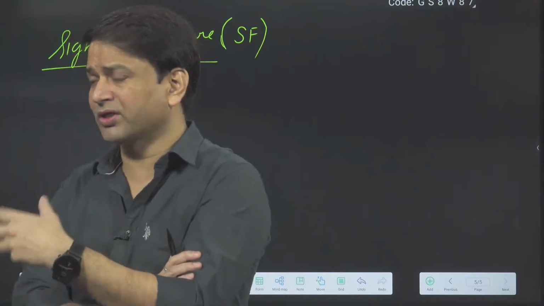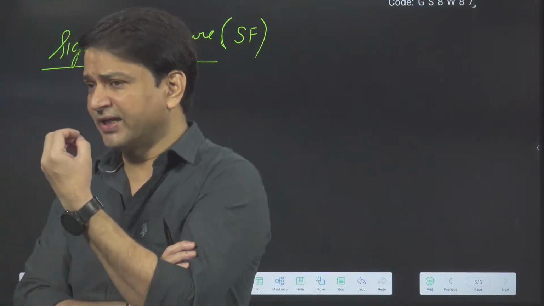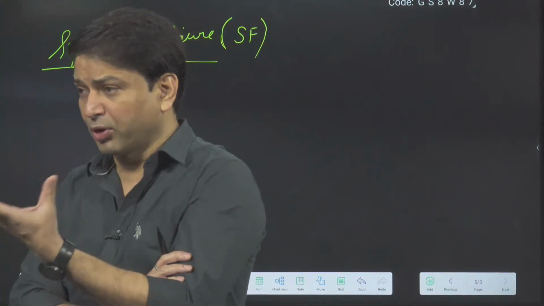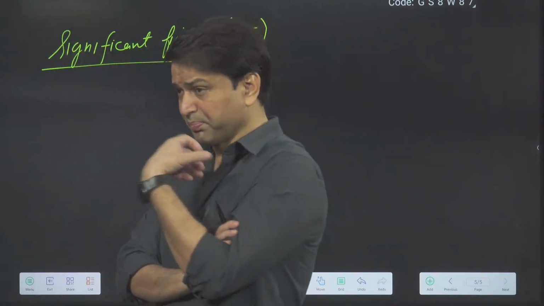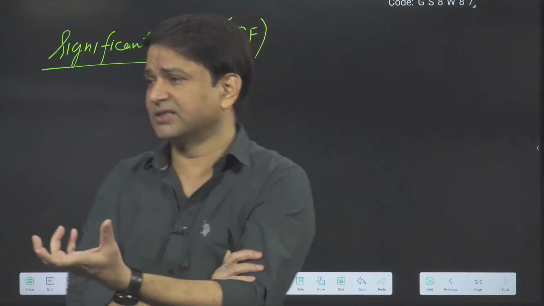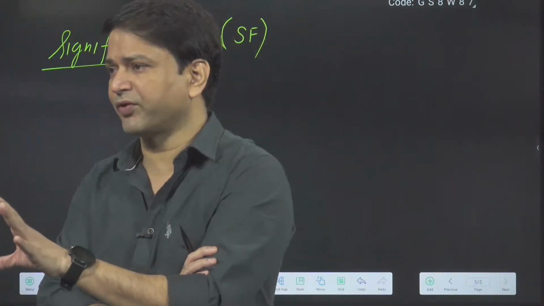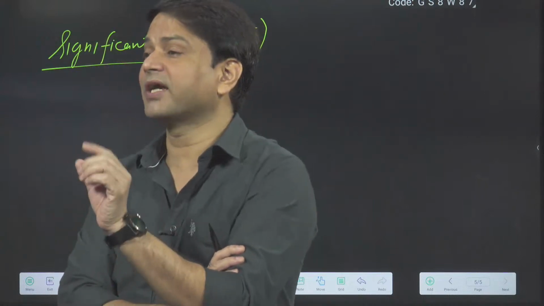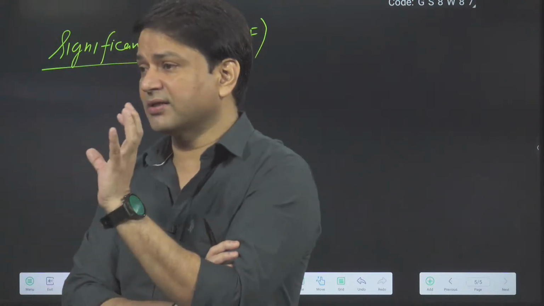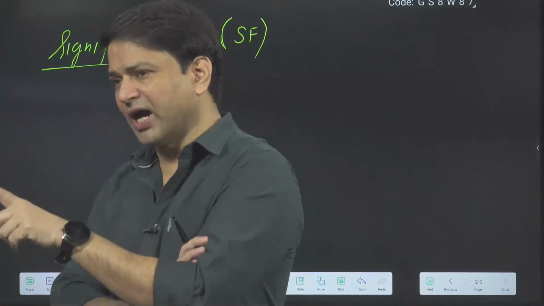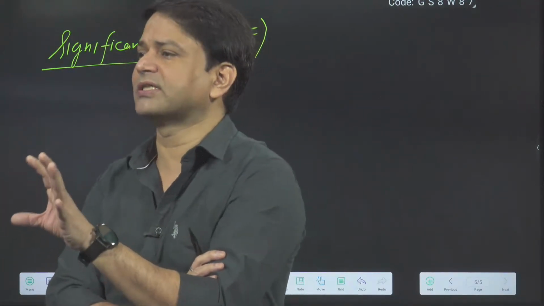Again, I am repeating: in any physical quantity representation or any measurement, the total number of certain digits plus one uncertain digit is the number of significant figures. If you want to write, you can write: it is the sum of all certain digits plus one uncertain digit, that will be equal to the significant figures.